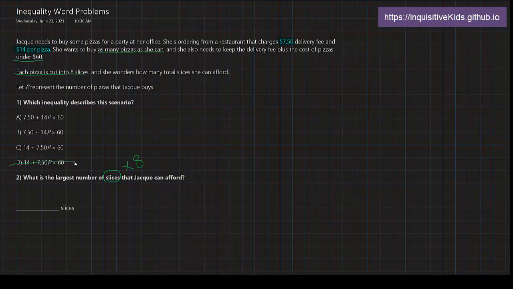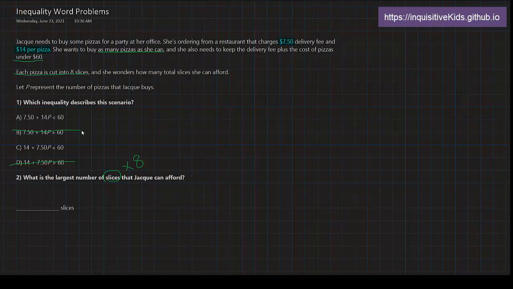That means D and B are both disqualified because they say greater than $60. So now we have it down to A and C. Now we have to see which one makes sense. Well, A says $7.5 plus 14p is less than $60. That makes sense.